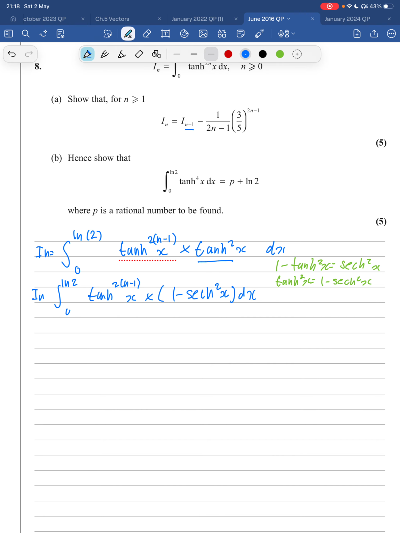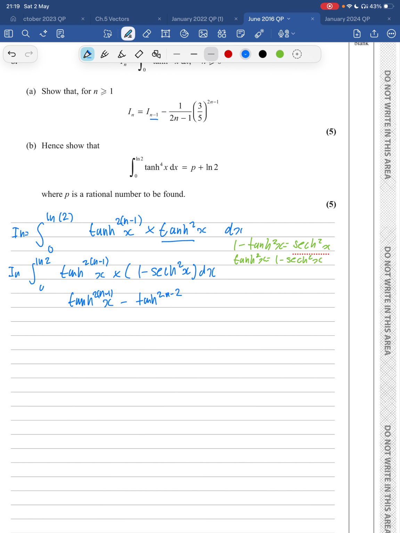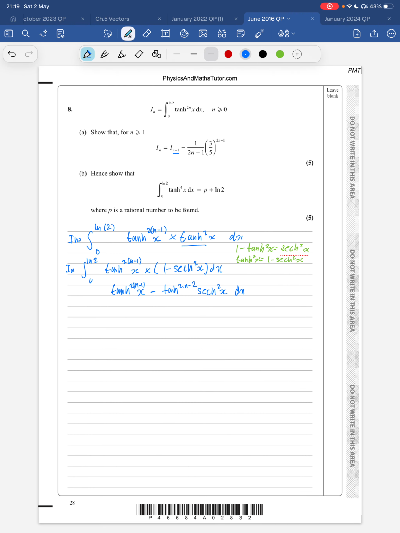So we can expand this. I'm going to expand this quickly, just so you see it. Sorry if it's a bit messy for the first time. tanh^(2n-1). I think I'd write it as 2n minus 2 for this one. Sorry, I haven't really explained that.